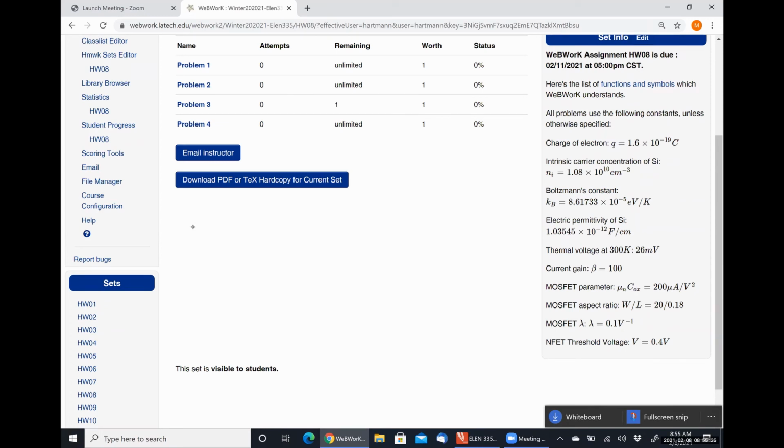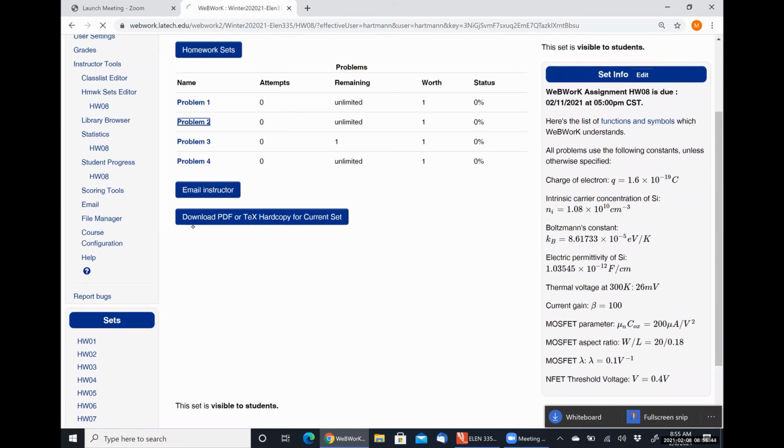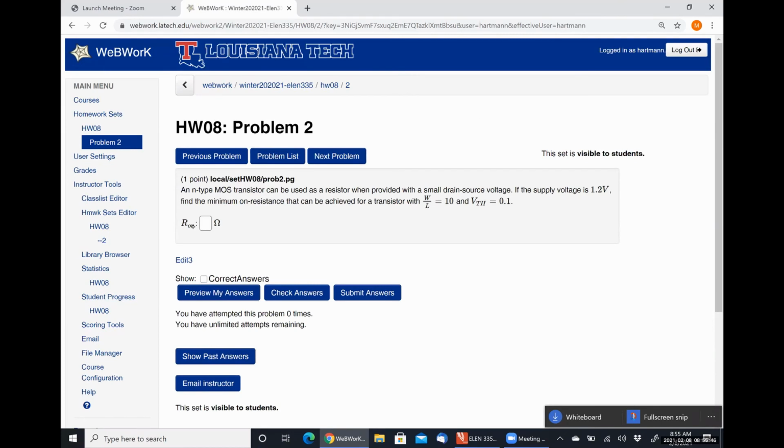So you were technically provided enough information, they just didn't put it where you would expect it. All right, so we have mu n times C ox, we have our W over L ratio. We are given VGS, although it's not explicitly stated as VGS, and we're given VTH, so that's just plug and chug, easy peasy.